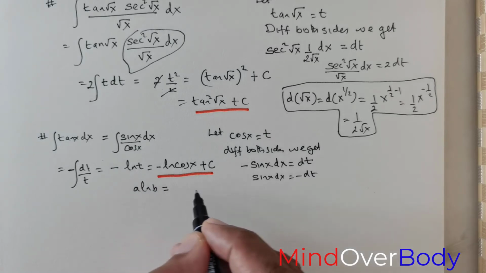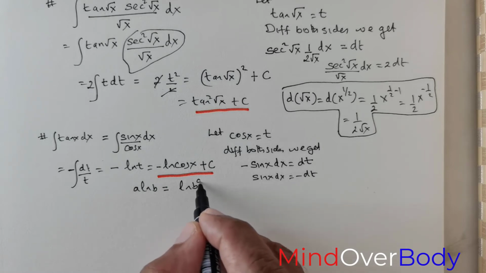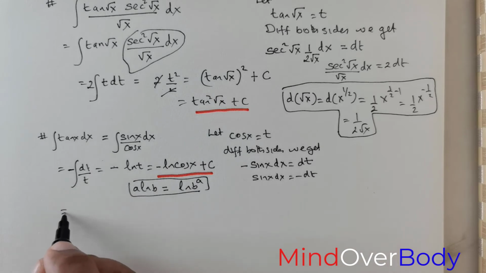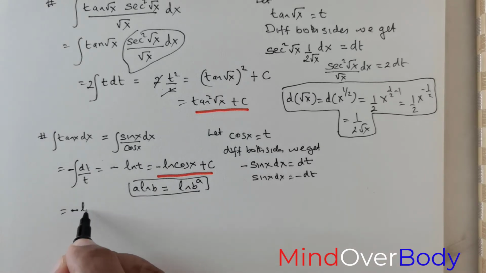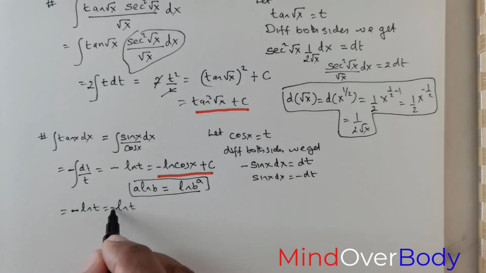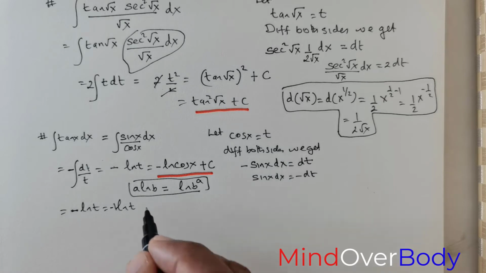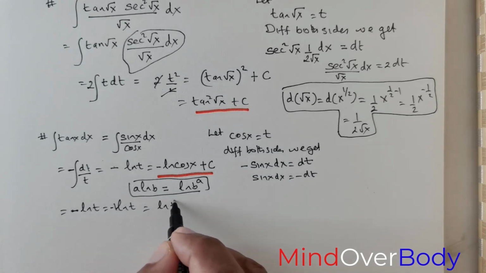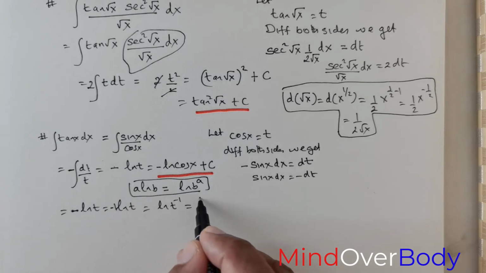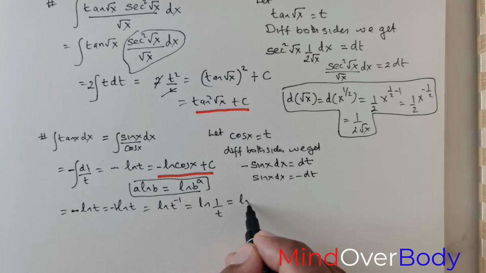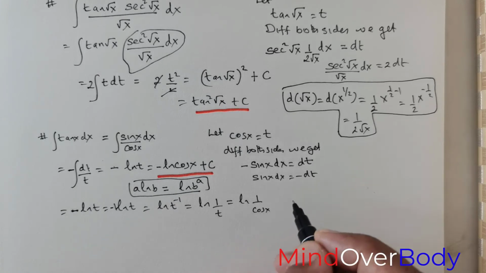We know from logarithms that a times ln b is equal to ln of b to the power of a. So the negative ln of t can be rewritten with the negative as negative 1, as ln of t raised to the power of negative 1, which can be rewritten as ln of 1 over t, which is going to be ln of 1 over cos x.